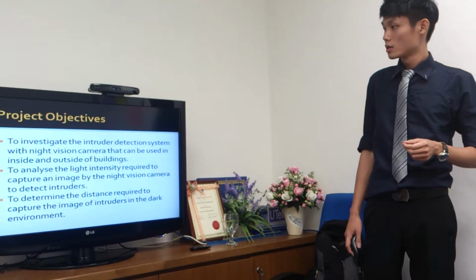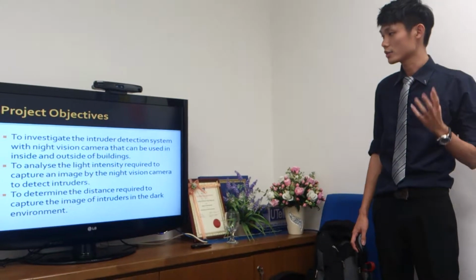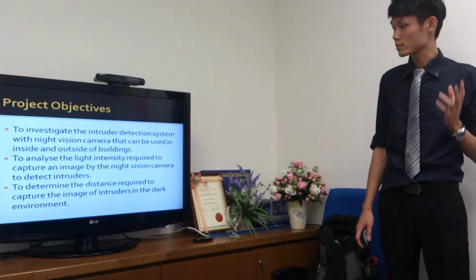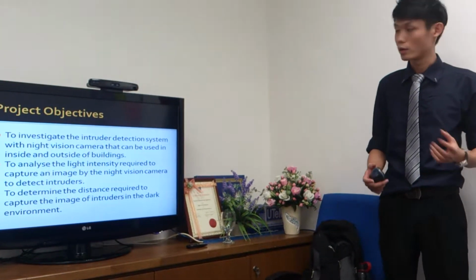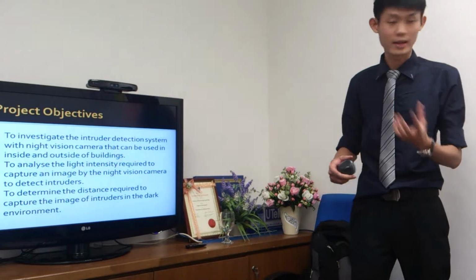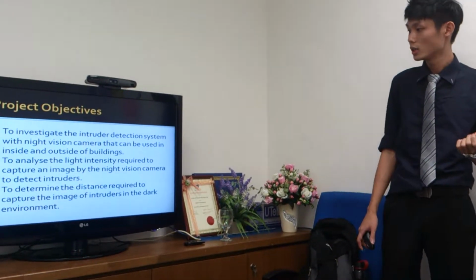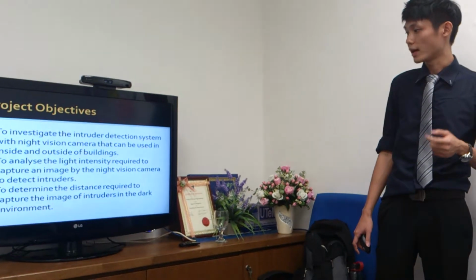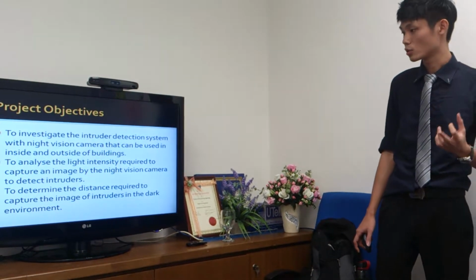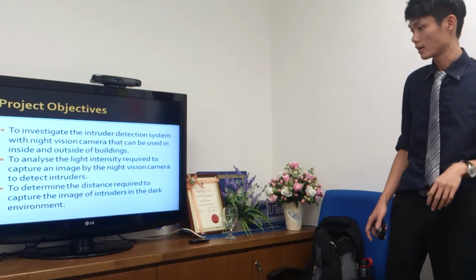My project objective is to investigate an intruder detection system with a night vision camera that can be used inside and outside of a building. That means we investigate the light that is needed. We analyze the light intensity required to capture an image by night vision camera, and we determine the distance needed to capture the image of the intruder in a dark environment.